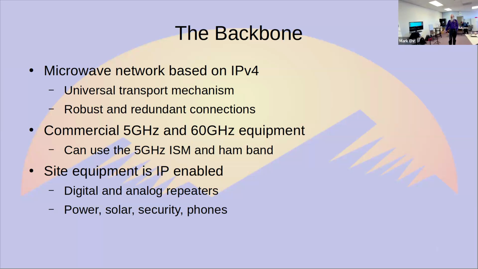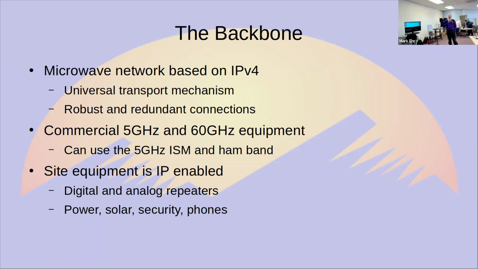And of course, at all of the sites, your equipment needs to be IP enabled in order to use it. For a lot of the modern digital modes, that's inherently part of it. But for older analog repeaters, we basically use the old Starlink technology to link all of the repeaters together.